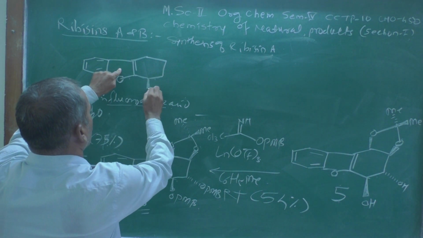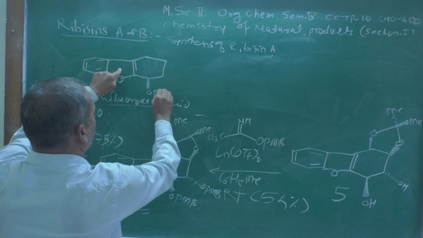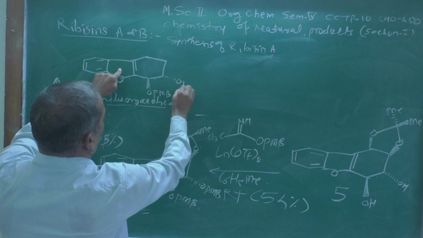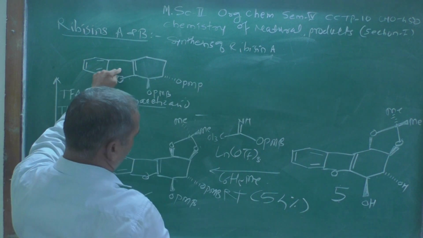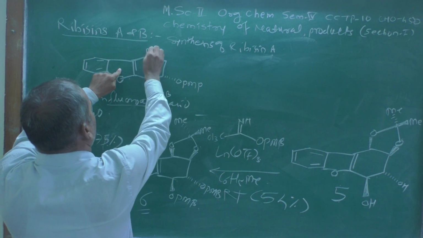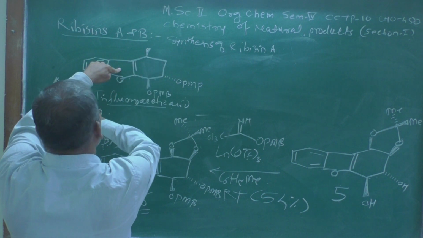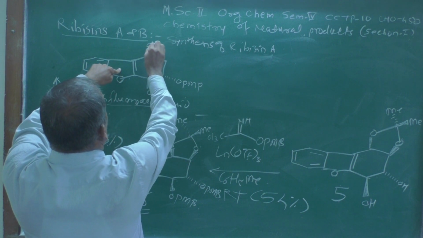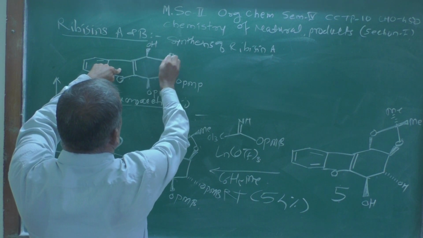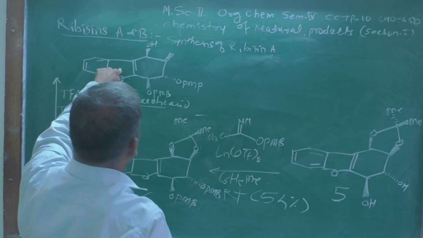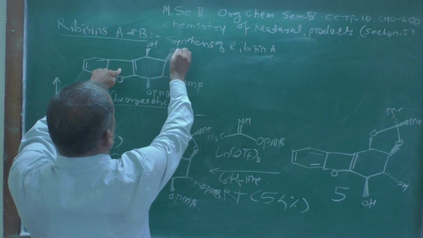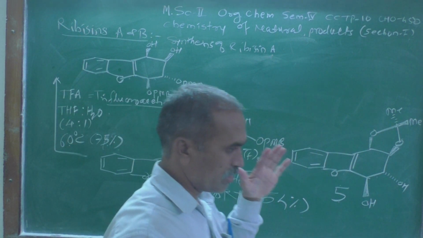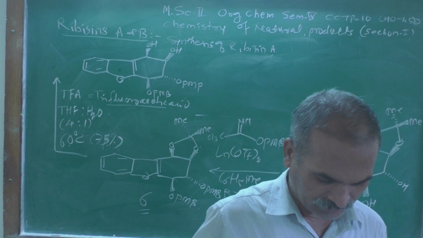Here this is an OPMB, that group also remains as it is, and here OPMP, that also remains as it is, only this group gets deprotected using the TFA, trifluoroacetic acid, in acidic condition, because this type of protection is very sensitive toward the acid, and that's why deprotection occurs over there, we will get the desired product suitably.